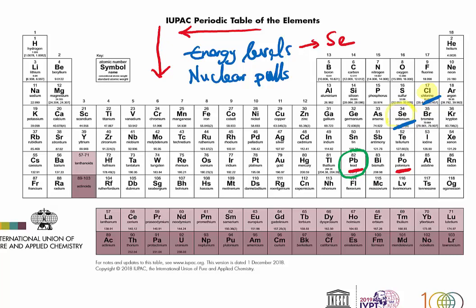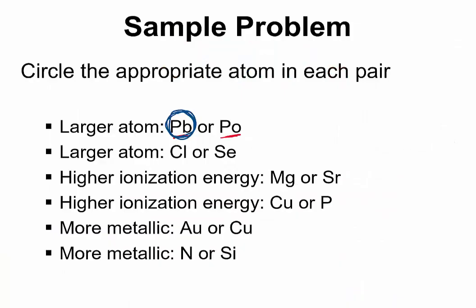So, on that count, because chlorine would experience more nuclear pull if they were in the same period, chlorine would be smaller in size, which means again selenium is larger. So on both counts, selenium is a larger atom.